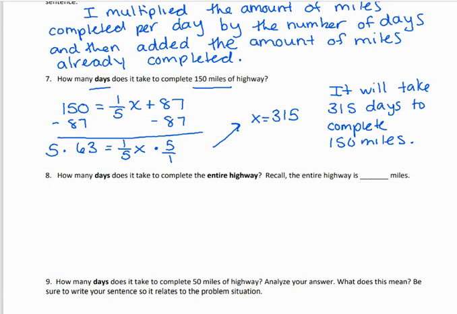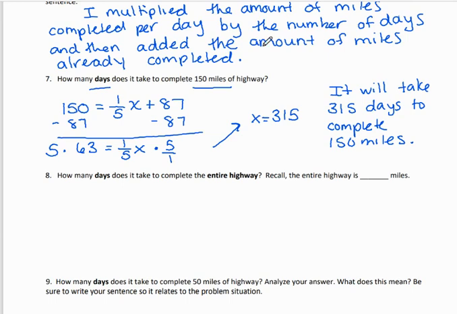So number 8 says how many days, so we're still going to look for X this time, does it take to complete the highway? So there's no numbers at all involved in this question. But recall, we actually do know that. How long is the entire highway supposed to be? What does it say at the very top of our scenario again? Good, 267.